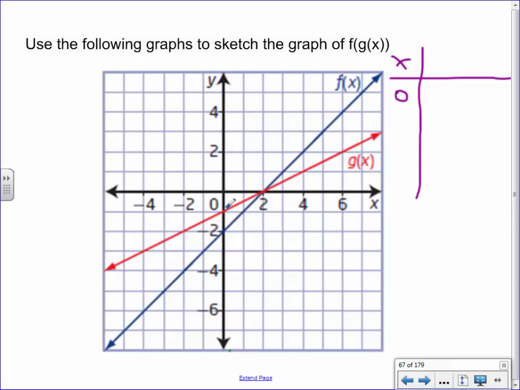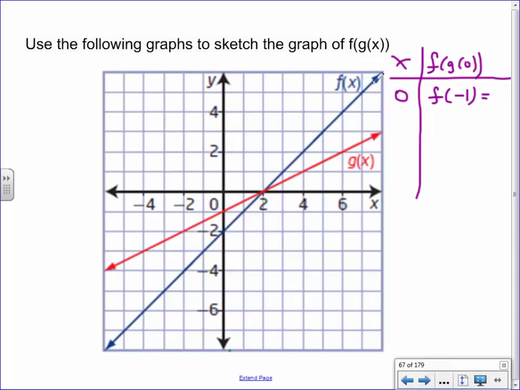Does that make sense? So if I were to write it like this, f of g of 0, that would have been f of minus 1, because g of 0 is minus 1. You get what I'm saying here? When I plug 0 into the g, right here, I get minus 1. But what is f of minus 1?